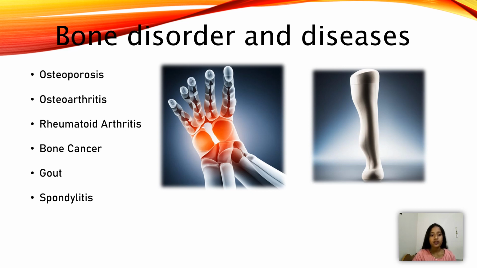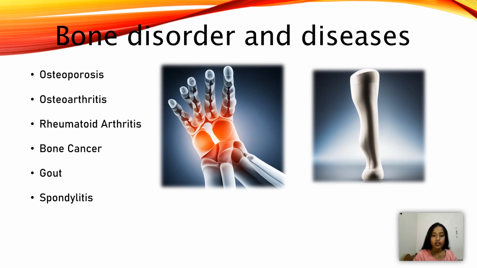Bone cancer is of two types, primary and secondary. Primary bone cancer occurs in the bone tissue itself, whereas secondary bone cancer occurs anywhere else in the body and then spreads to the bone. This again gradually weakens the bone tissue.